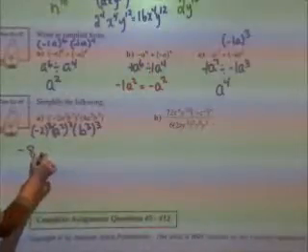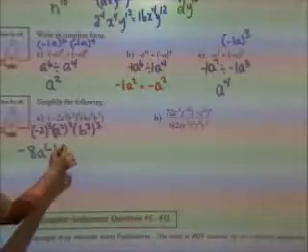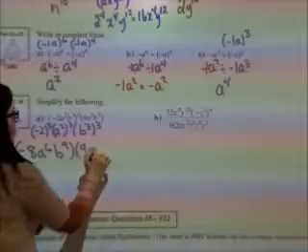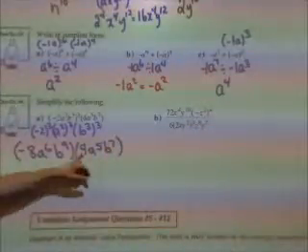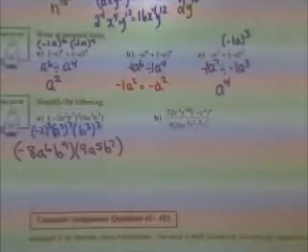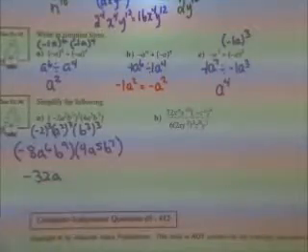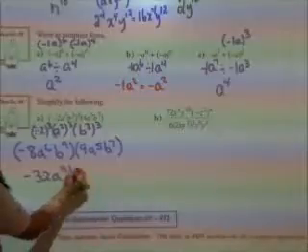And then a squared to the power of 3 would be a to the power of 6, and b to the power of 6, and then I can multiply that by my 4a to the power of 5, b to the power of 7. So when I multiply the coefficients, I get -32, a to the power of 11 and b to the power of 16. Good.